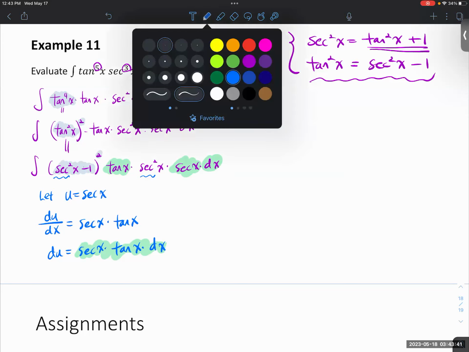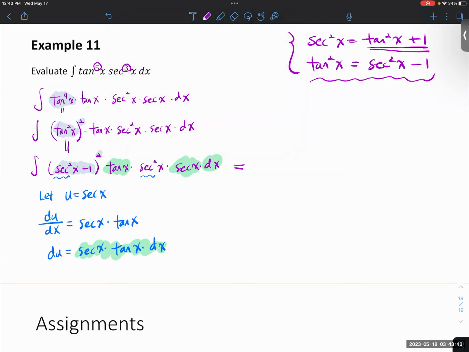So now secant x is my u. So u squared minus 1 outside, squared, and then here's a u, another secant tangent secant dx, that's going to be du. Please expand all the parentheses.